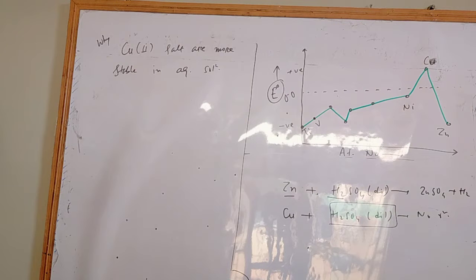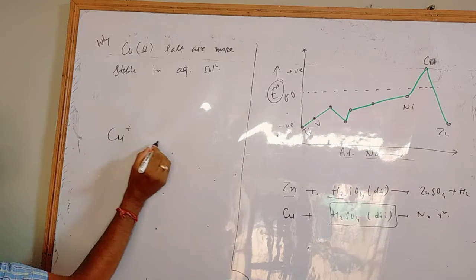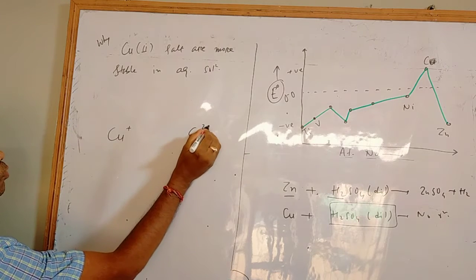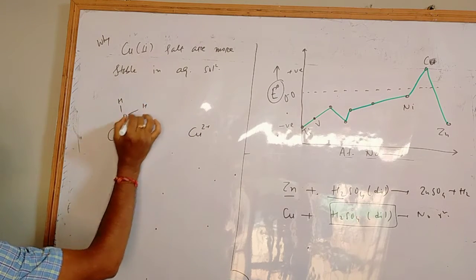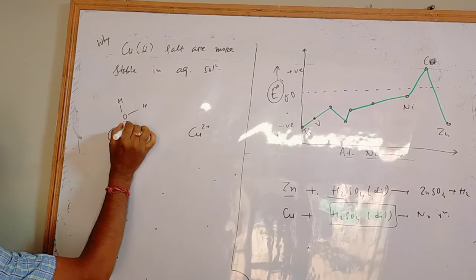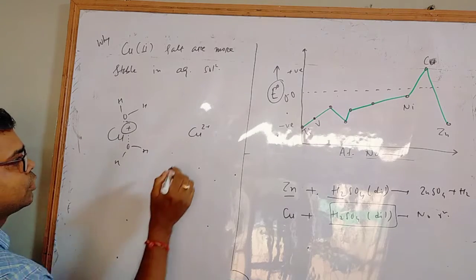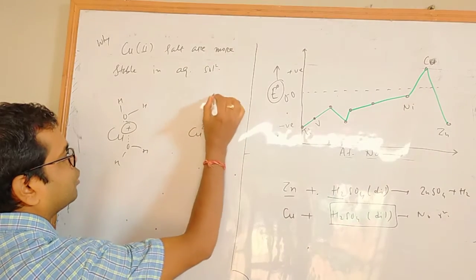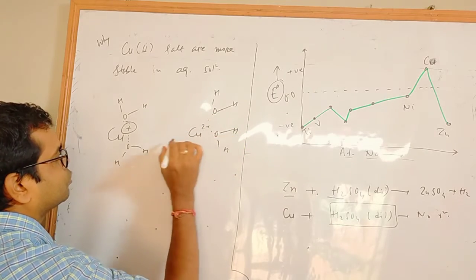So how are you going to answer this question? Copper positive will form a bond with water, but due to the presence of only one positive charge, this bond is not as effective as with copper dipositive. Copper dipositive will form a stronger bond with water.